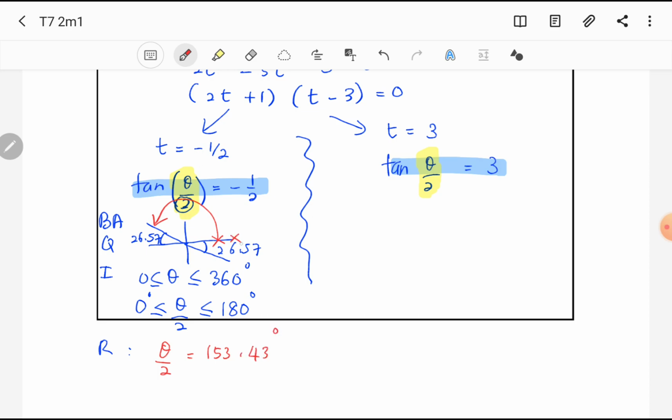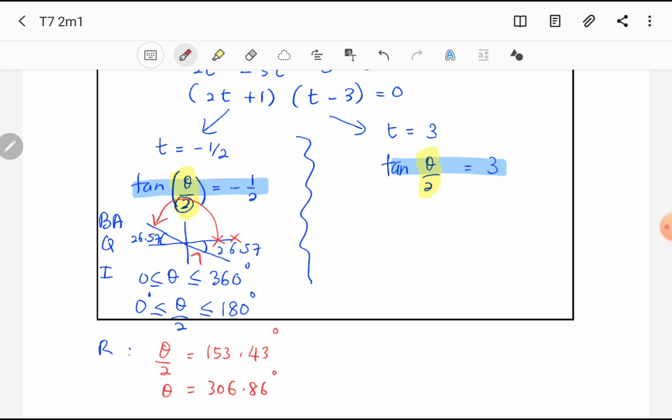Boleh tak saya nak turun sampai fourth quadrant? Tak boleh, sebab dah lebih dari 180. So theta equal to, ambil tu darab dengan 2, 306.86 degrees.